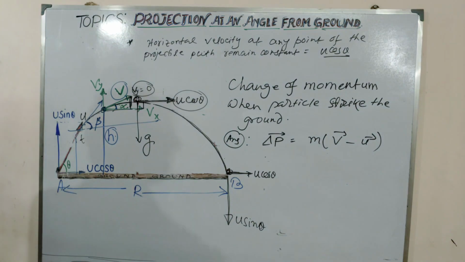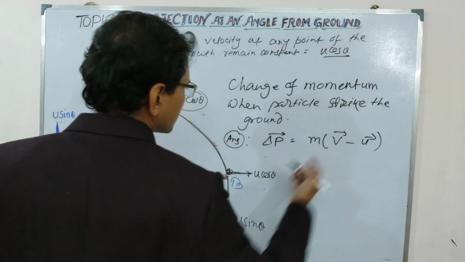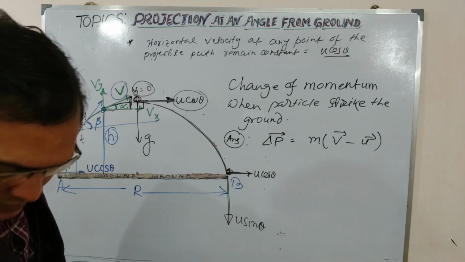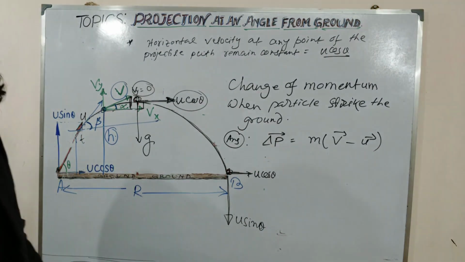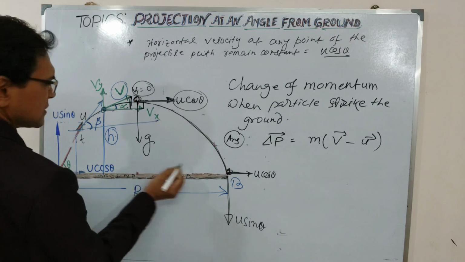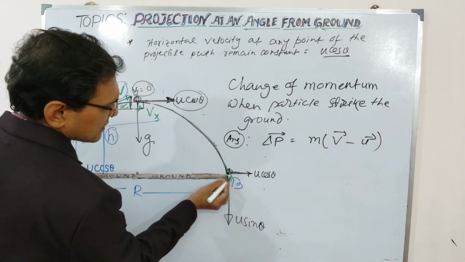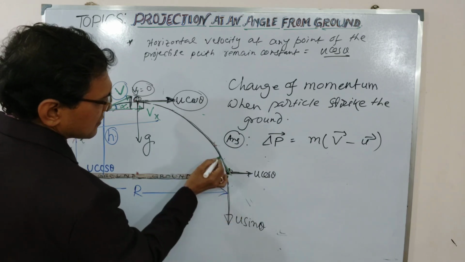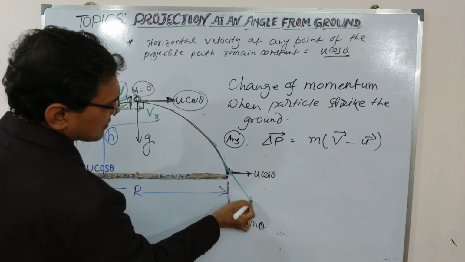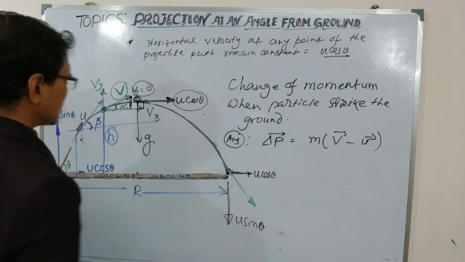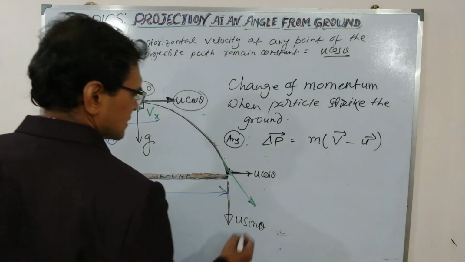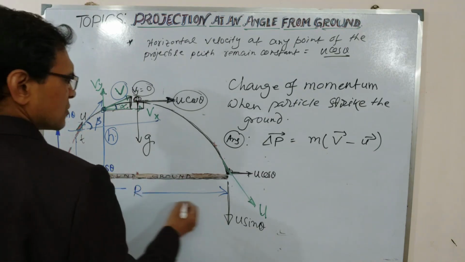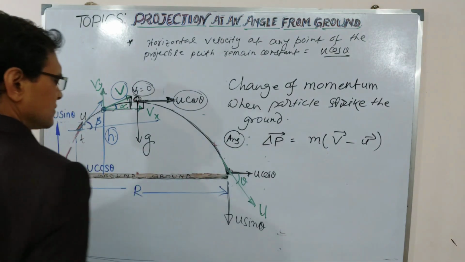This is the change of momentum formula. Final velocity, initial velocity. Now what becomes final velocity? Velocity along this direction, so this is the final velocity u at here, and this angle also remains same, theta.